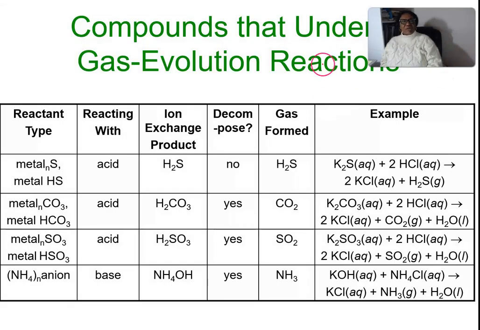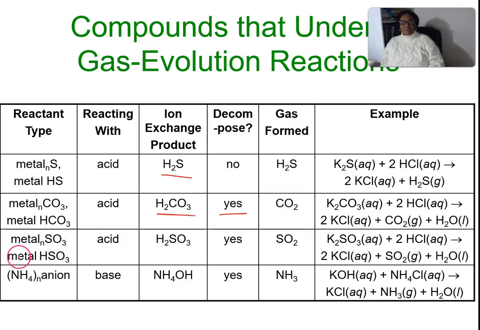So compounds that undergo gas evolution reaction: metal sulfide reacts with acid to produce hydrogen sulfide. No decomposition, gas is produced. Metal carbonates and metal hydrogen carbonates react with acid to produce this, which decomposes to produce carbon dioxide.